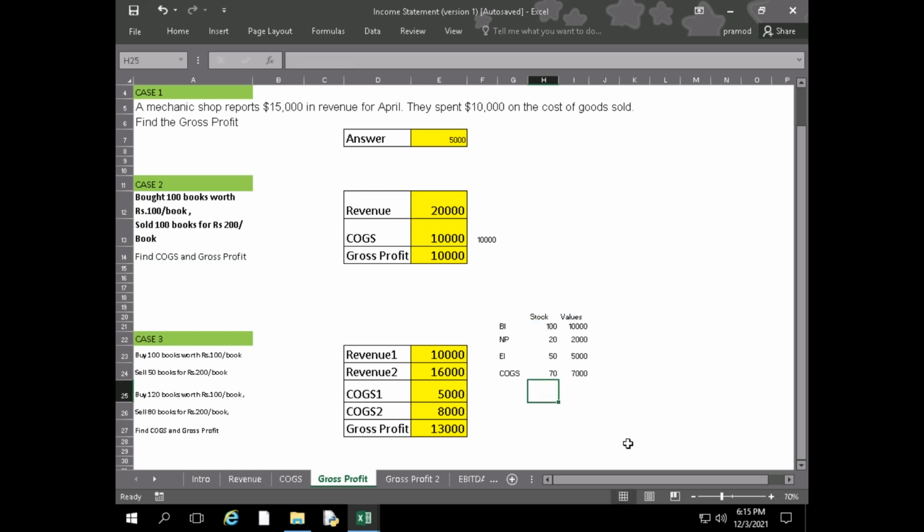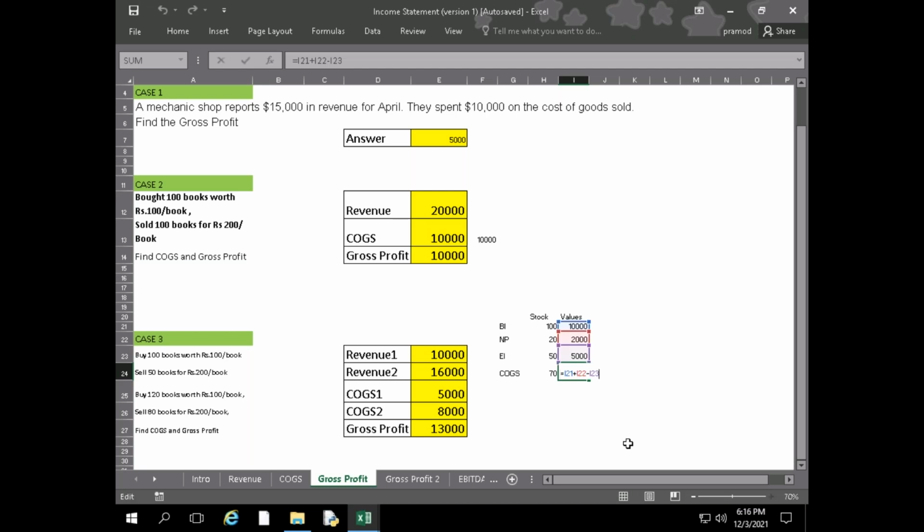Then you will get the COGS. In the same manner, if I do it based on value, your 100 stock into 100 rupees is 10,000, and the new purchase, 20 into 100, is 2,000. Closing stock 50 into 100 is 5,000.